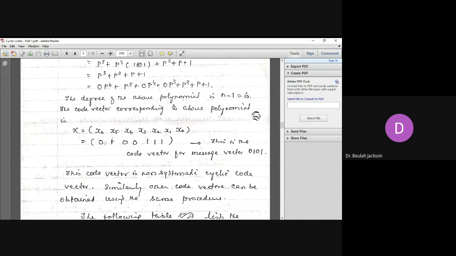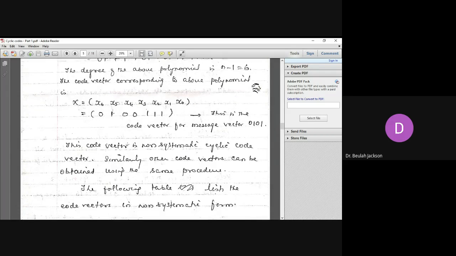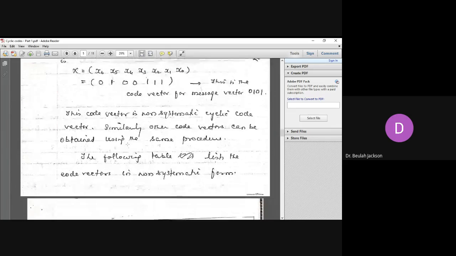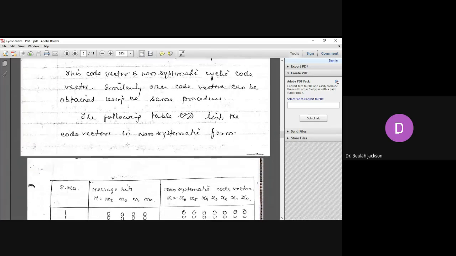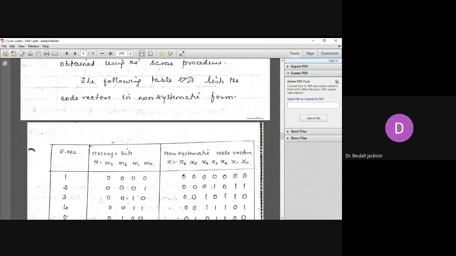But here when you see, the message should come before the check bits. But we do not have the same 0, 1, 0, 1 as the message. Instead we have 0, 1, 0, 0. So this code vector is in non-systematic form. Similarly, the other code vectors can be obtained by using the same procedure.